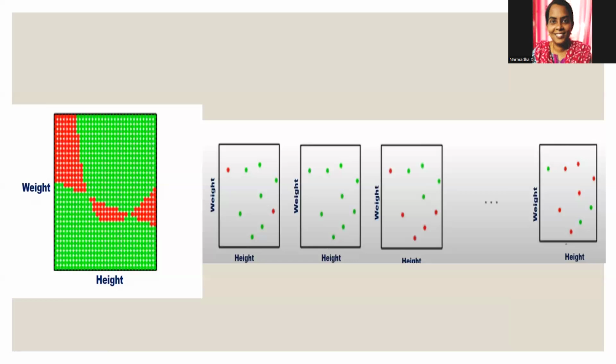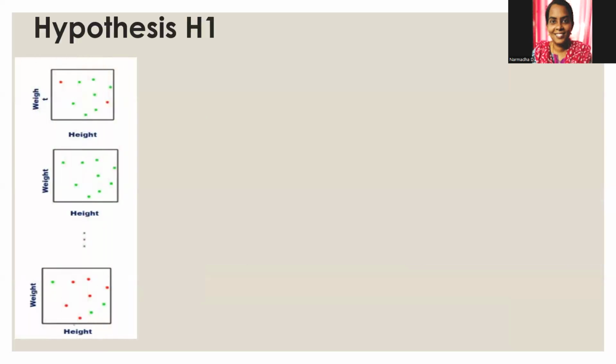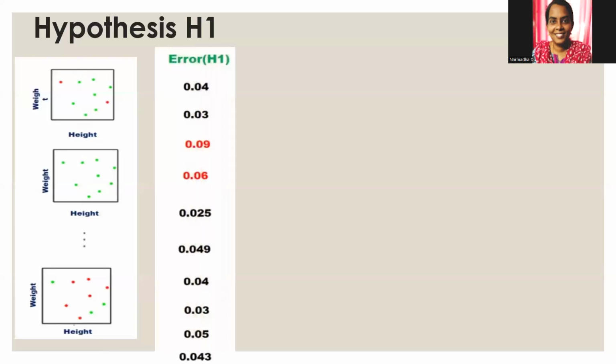After training, you evaluate the performance and try to capture what error value is recorded. Let us assume that this is the hypothesis H1, and these are all the randomly selected data sets. We have randomly selected some subset of instances and trained the model.